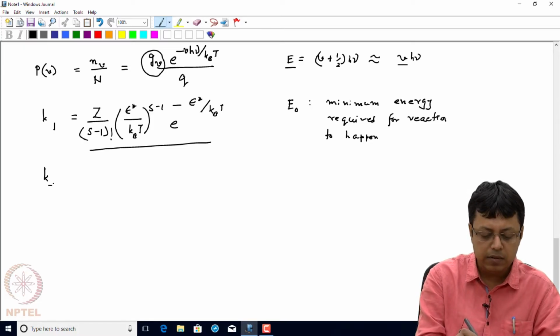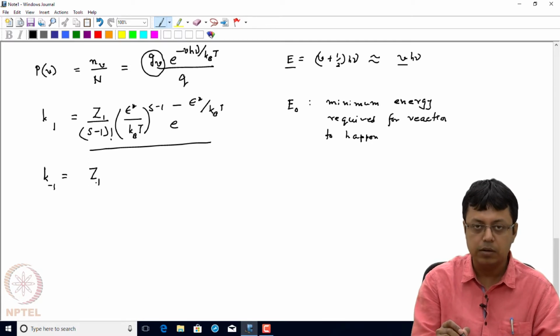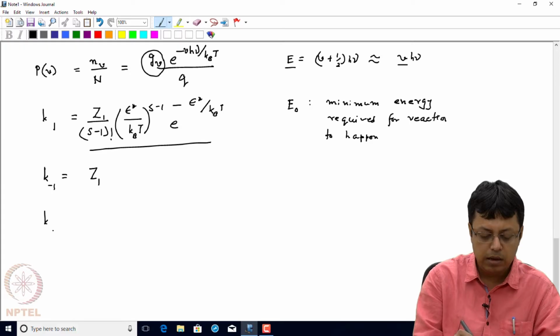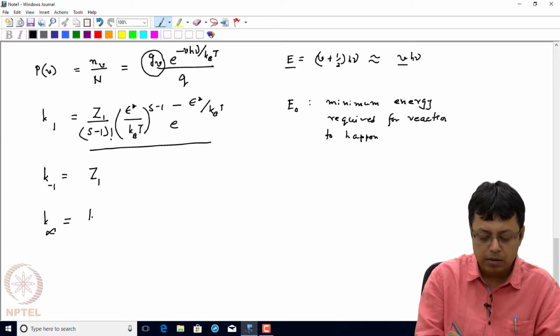And again, the deactivation process, according to any theory, is simply the number of collisions. I was using the Z1 notation there. So at infinite pressure, the rate constant will be K2 into K1 by K minus 1.